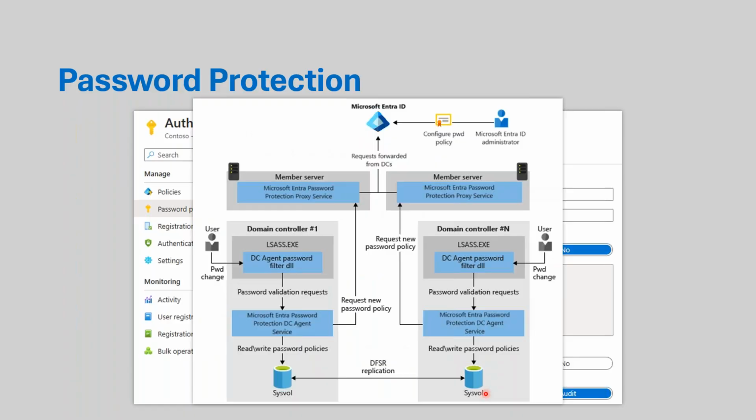But if you implement the Active Directory piece, there's a proxy service and an agent that it puts on your system. These communicate with the policies up in Azure. So I'm a user, I change my password, I hit the domain controller, and when it goes to validate the password against my policy, the agent passes the request to the proxy, which passes the request up to Entra to download the password policy so that it can validate that I'm staying within the credential requirements, and then it will allow the password change to happen.